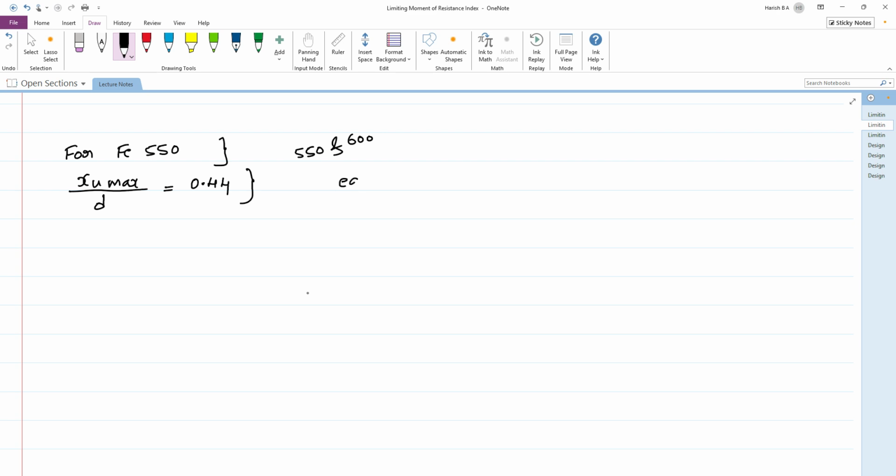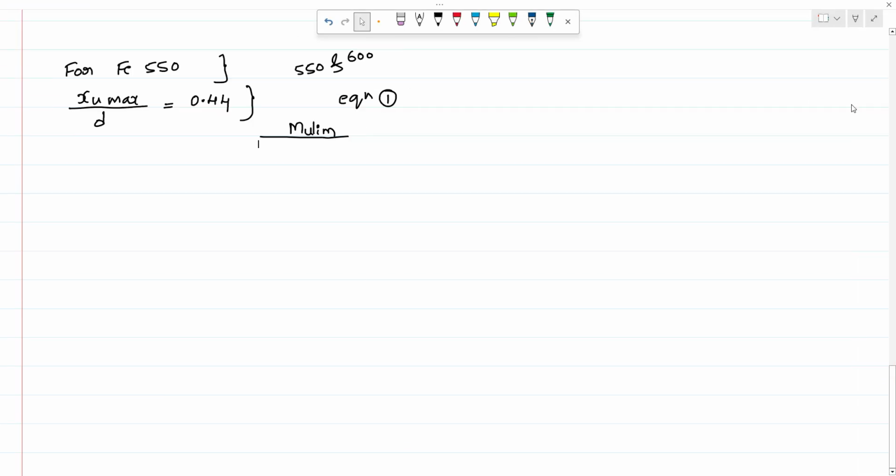So equation 1 becomes mu limit divided by FCK BD square equals 0.36 multiplied by 0.44 into 1 minus 0.42 into 0.44.